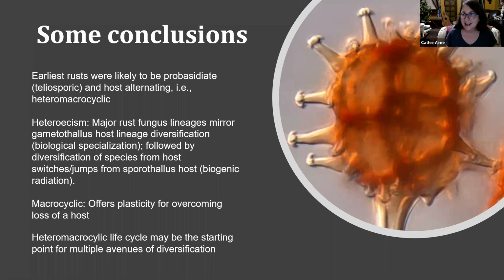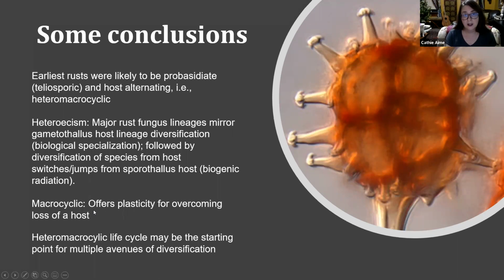for the rust fungi, that the earliest ancestor to rust likely was a macrocyclic rust, certainly had something resembling a teleospore and spermagonia and aecia, and that heteroecism, that process of alternating between hosts, actually provides multiple opportunities for speciation and radiation that utilizing a single host and just being co-evolved or just utilizing host jumping doesn't provide.